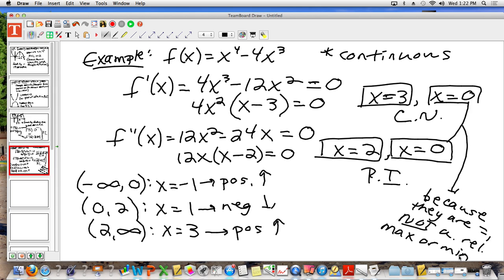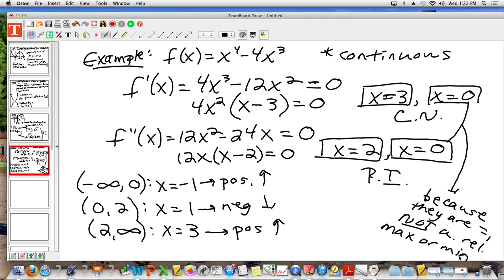I thought the points of inflection had to be 0 or do not exist. Say that again. No, you said the points of inflection for the second derivative had to be 0 or do not exist. The second derivative is the x value that makes it 0.